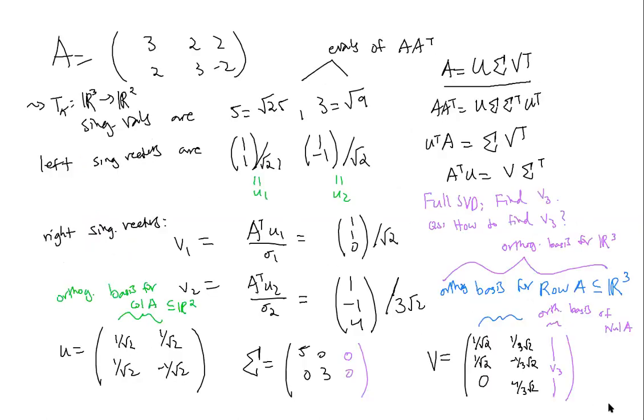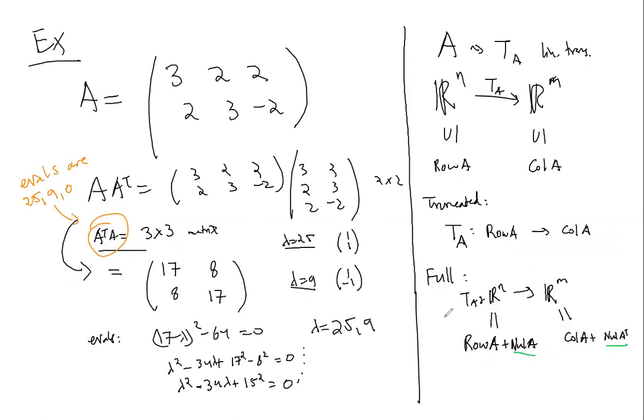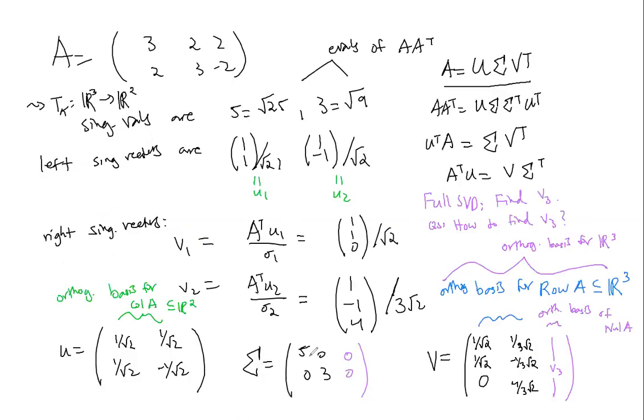And so you just keep 25 and 9 as your singular values. So you get 5 and 3 here. Yeah. So are there any questions on what we've done so far?